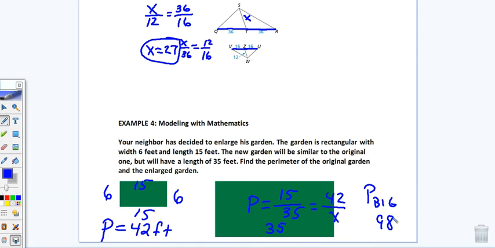I could have said 6 over x, maybe I put an x right here, equals 15 over what? 35. And you would have found that x is equal to 14, so you could have gone 35 plus 14 plus 35 plus 14, and again you would have had what value there for a perimeter? 98. Okay, so the perimeter on this is how many feet?